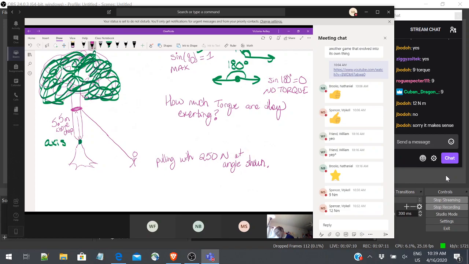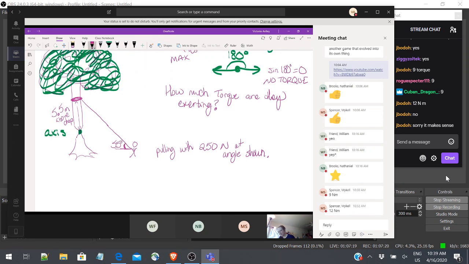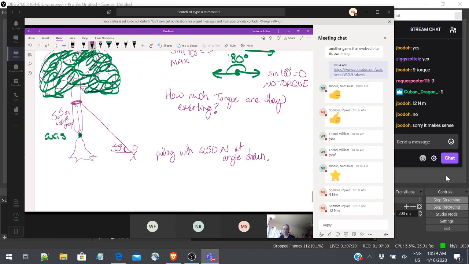Okay, so let's say this angle is 55 degrees. This is obviously not a smart tactic because the tree is going to rotate and it's going to fall on them, which I think is pretty funny. Hence the YouTube video.